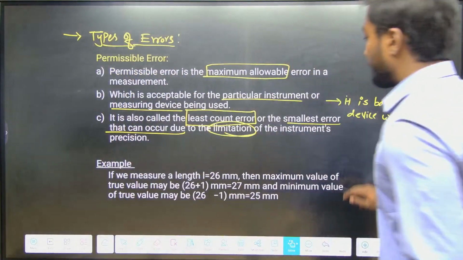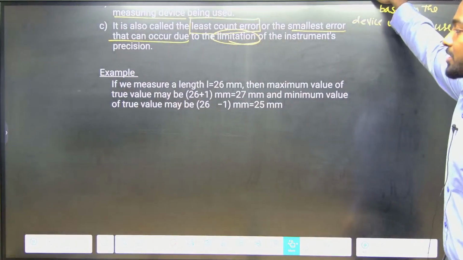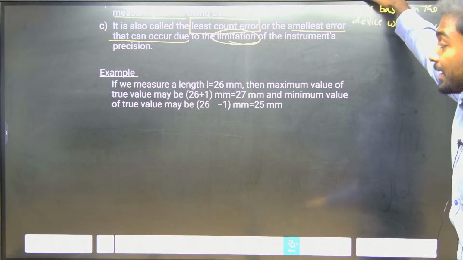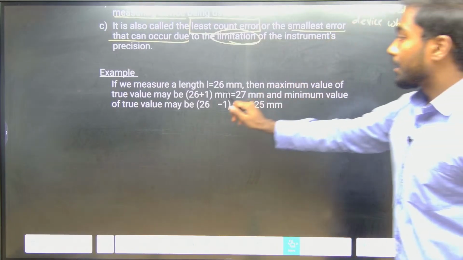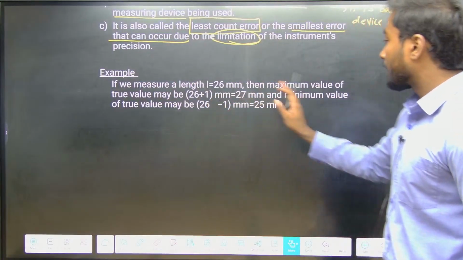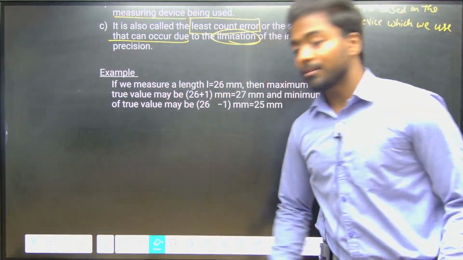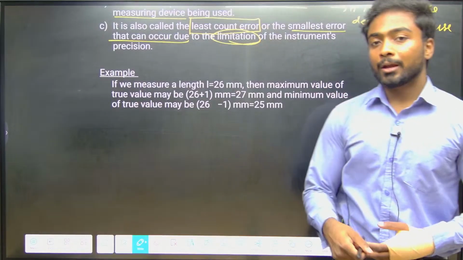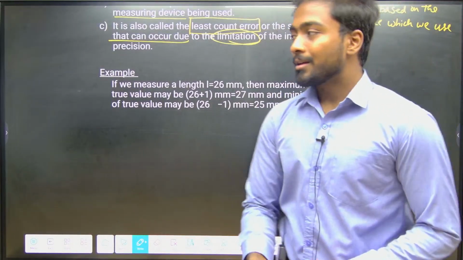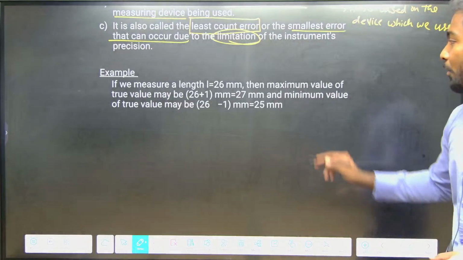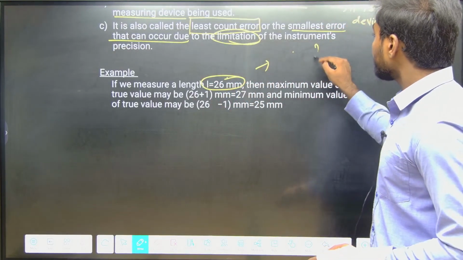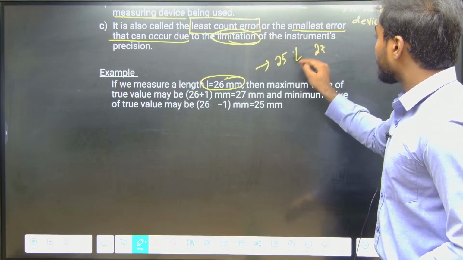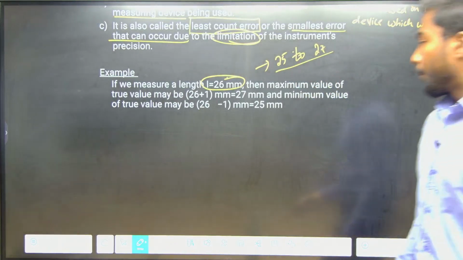For example, if we measure a length L equal to 26 millimeter, then the true value may be 26 plus 1 or 26 minus 1. You can measure plus 1 or minus 1; the limit will be only up to that. If you are talking about 26, it can be 27 or it can be 25 also. So 25 to 27.